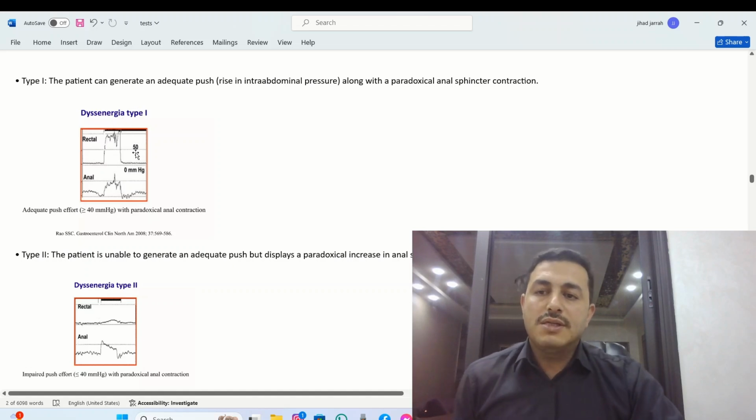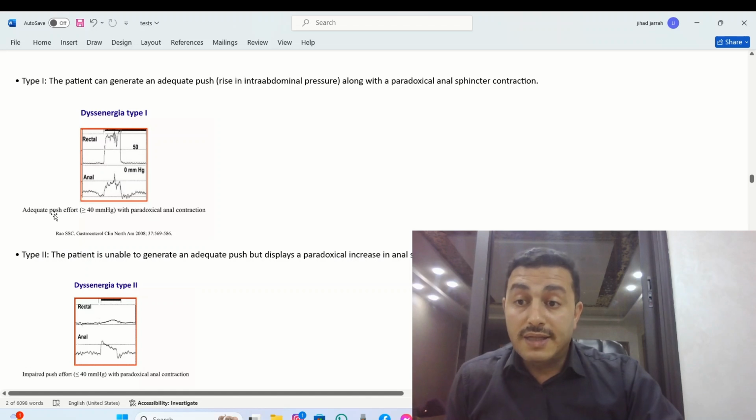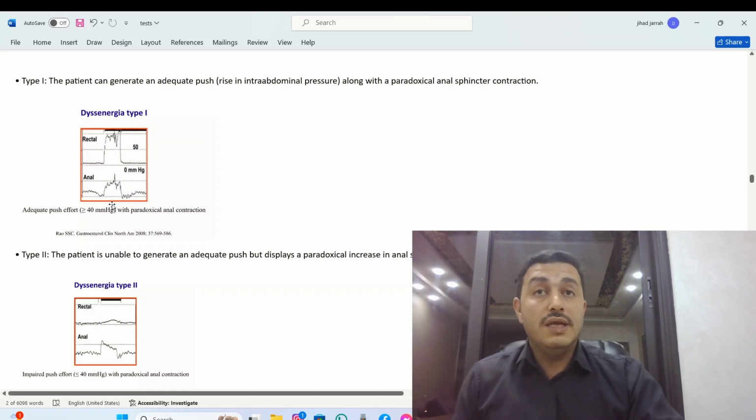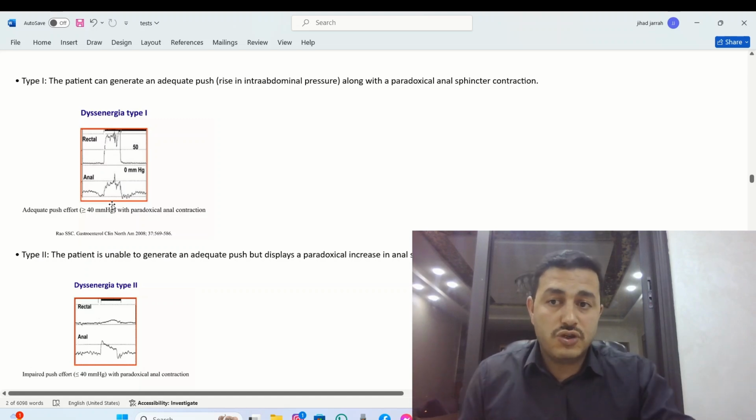Type 1, it's logical. The rectal pressure increased, this is required. Adequate push effort, nice. While there is an increase in the anal pressure, so there is a paradoxical anal contraction. So the anal canal is closed and there is no defecation.